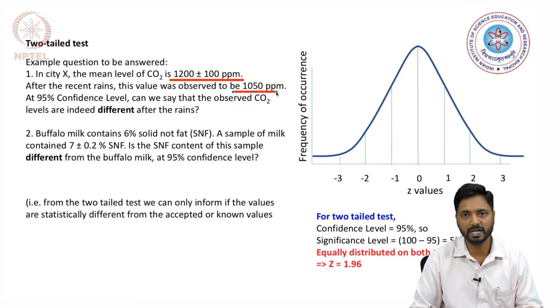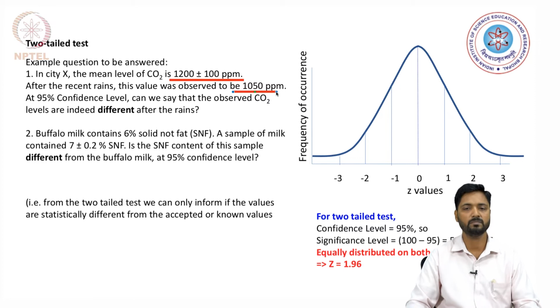The question at hand is, at 95% confidence level, can we say that the observed value of carbon dioxide levels after the rains is indeed different from the commonly observed value of 1200 plus minus 100 ppm?